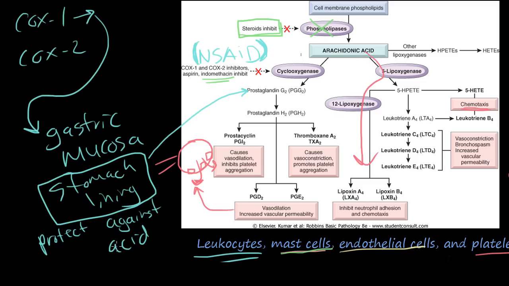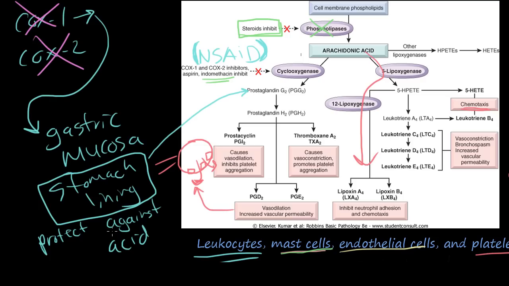So when you take non-steroidal anti-inflammatories, you're knocking out this COX-1 and this COX-2. Knocking out COX-1 means that you're not going to have any prostaglandins, which are protective of your stomach lining.